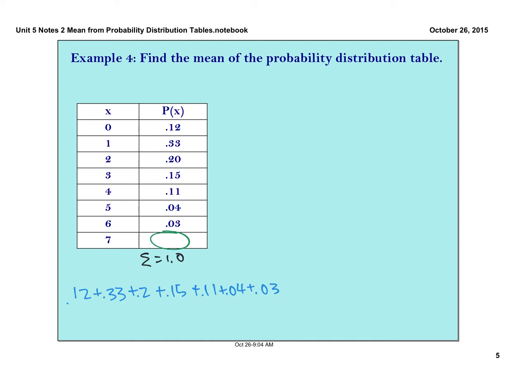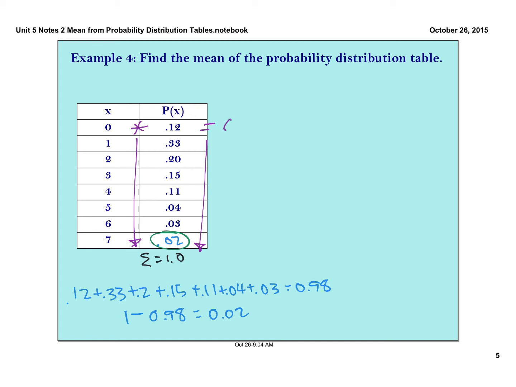And I end up with 0.98 there. And then 1 minus that 0.98 is going to be 0.02. So 0.02 is my probability for 7. Now I'm going to go ahead and multiply all the way down and get the products and see what we have.